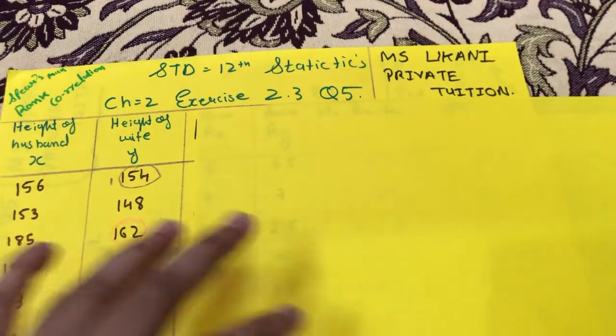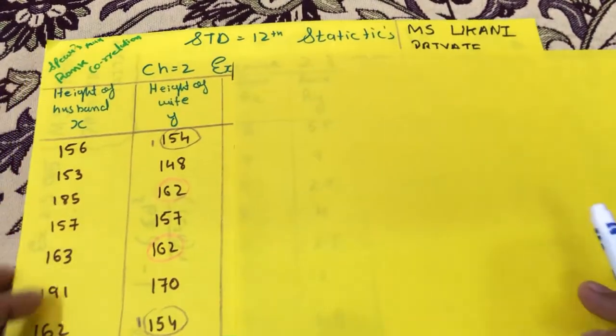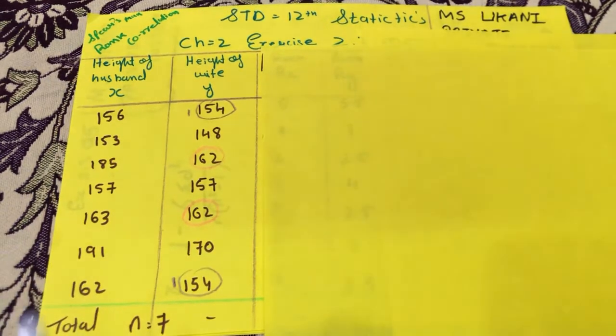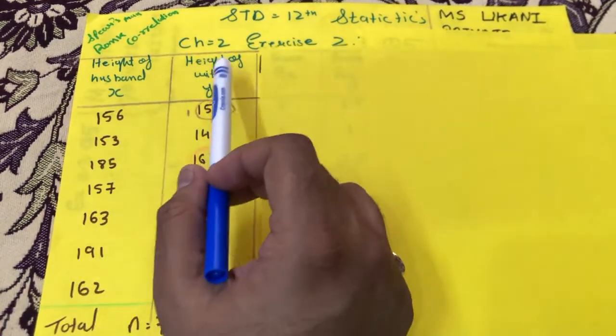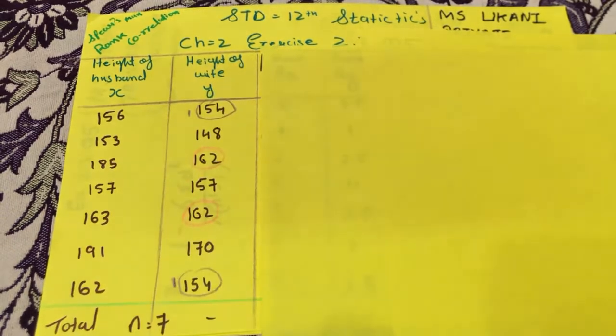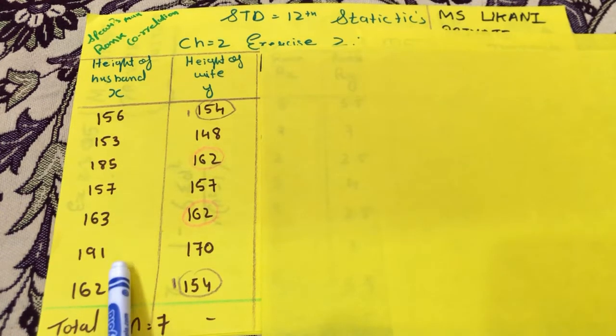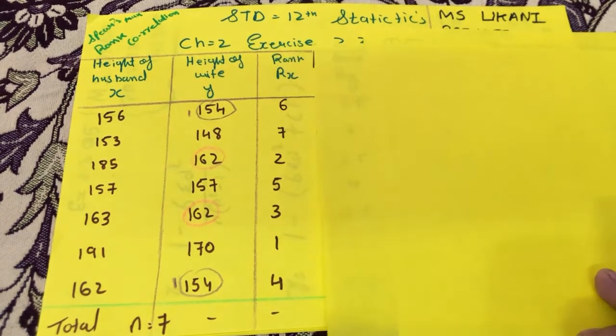Here the two columns are already given in the question. See here, the height of husband X and the height of wife Y. So from the column X, first of all we will prepare the rank X, that is Rx.